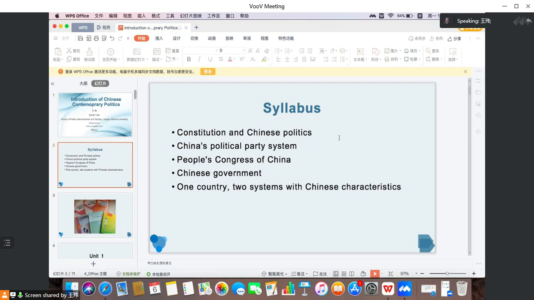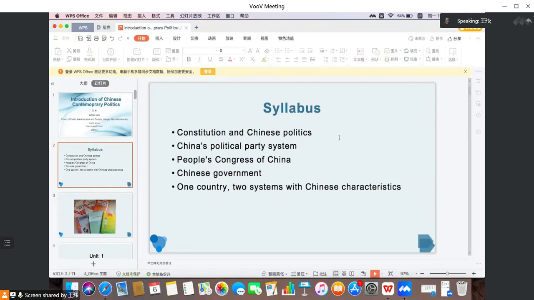Then the second part, I want to show China's political party system. Just now, we discussed the general secretary in Chinese, not 书记. Secretary in Chinese is 书记. We have to say it directly and specifically. 总书记 is the biggest one because there are several thousands of branches of the CPC committees vertically, from the central CPC to the bottom CPC, right?